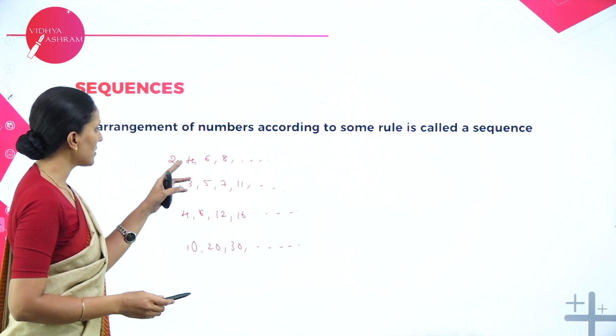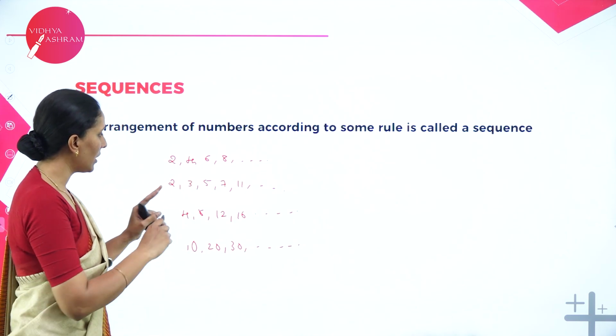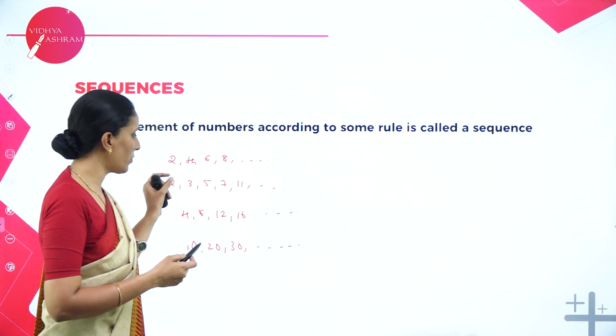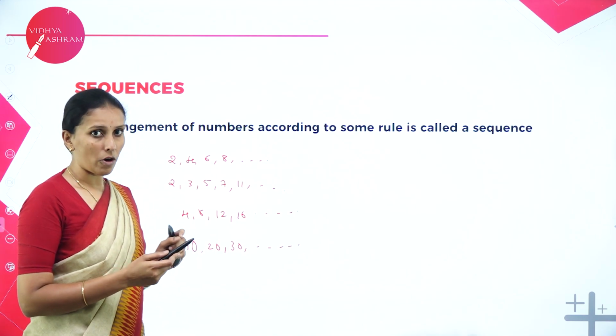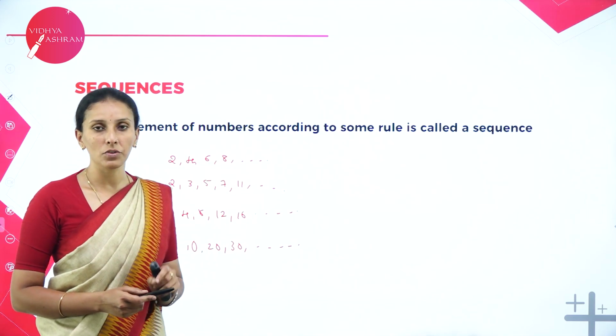Here there is a difference of 2. Here it's a sequence of prime numbers, but there is no such difference rule. So when I say sequence, there may be a property between the numbers or there may not be, but always it is an arrangement according to some rule.